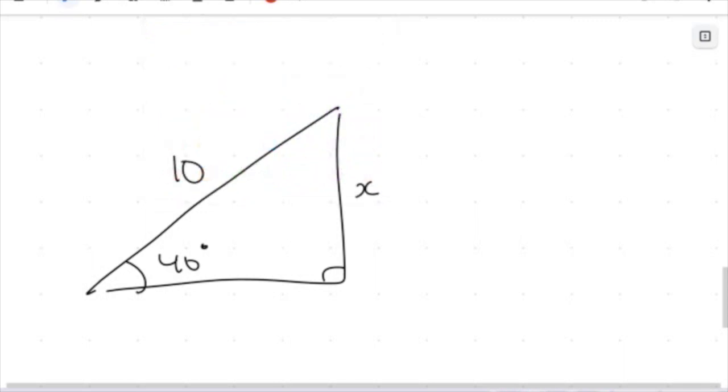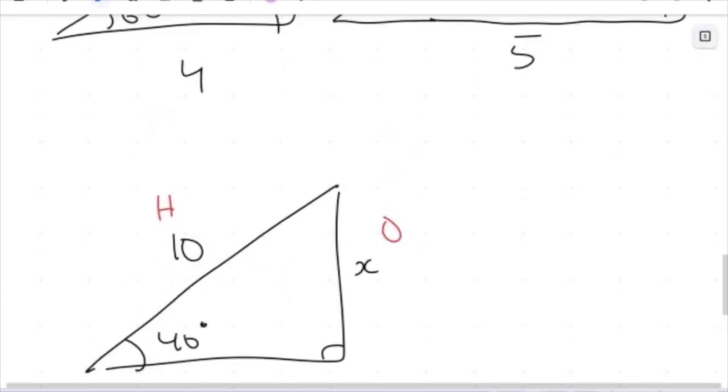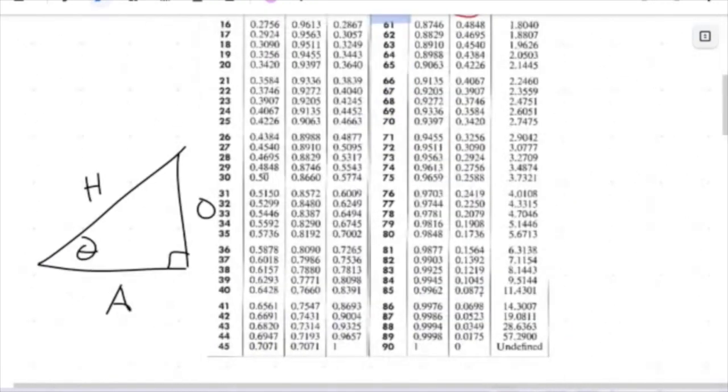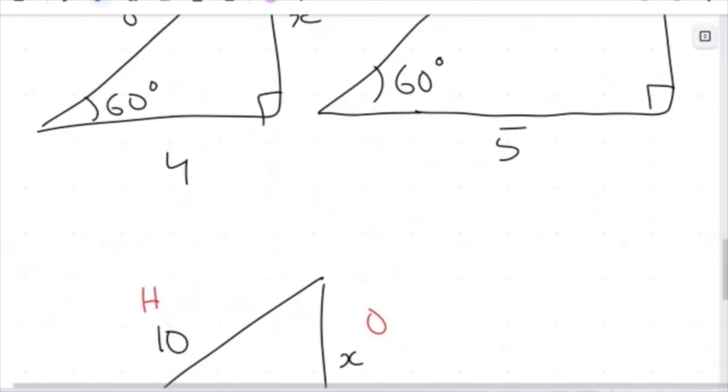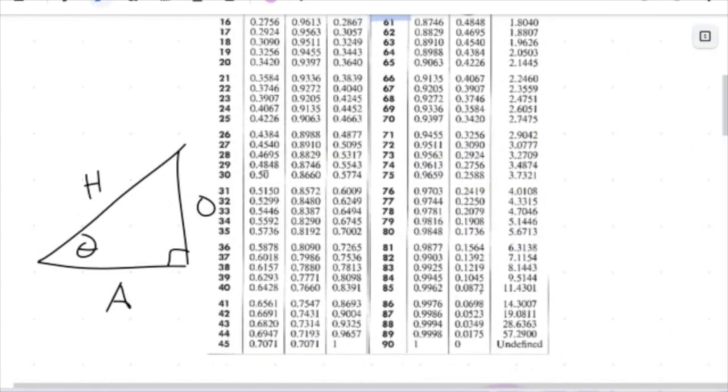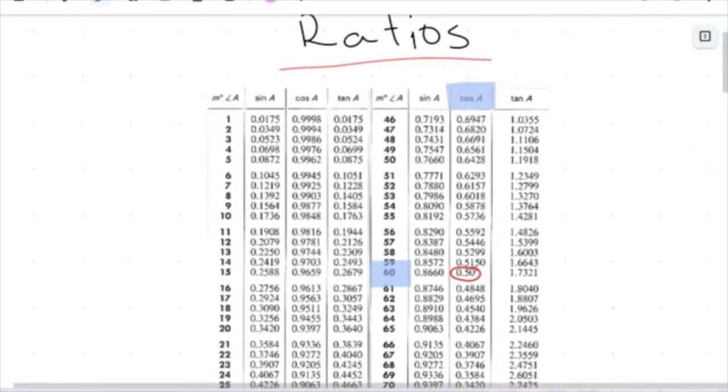We have an opposite side and a hypotenuse. Cos 40 is always going to be a particular value. Sine of 40, rather. So here we have an opposite and a hypotenuse. We have an angle. So sine of 40, let's locate that here.